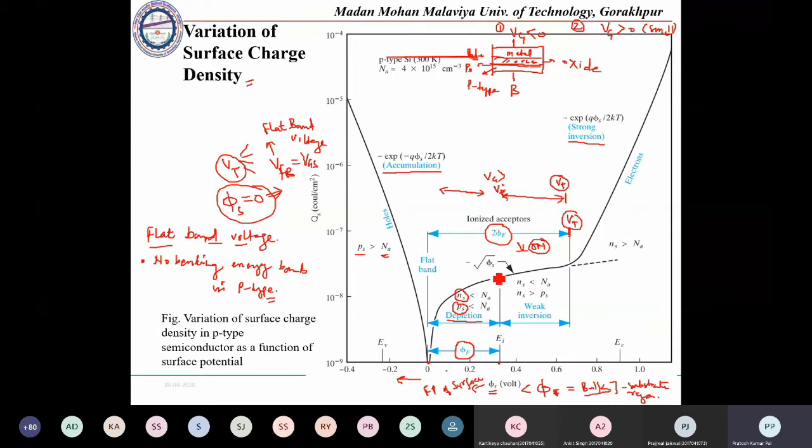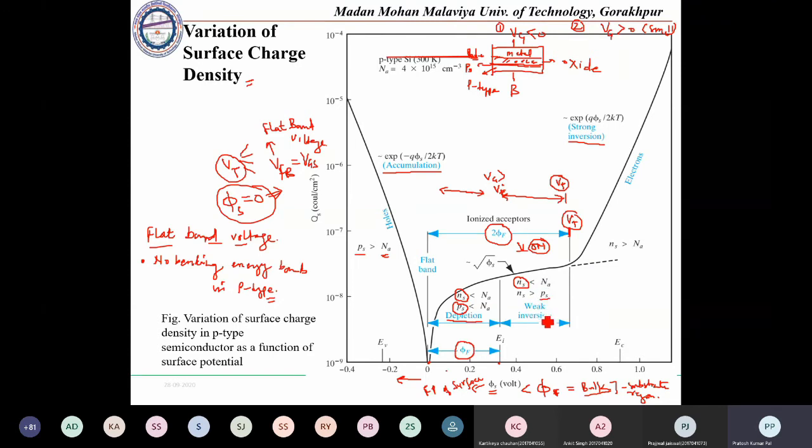In the weak inversion region, the number of electrons will be less than Na, but Ns, the number of electrons in the surface region, will be greater than the number of holes.